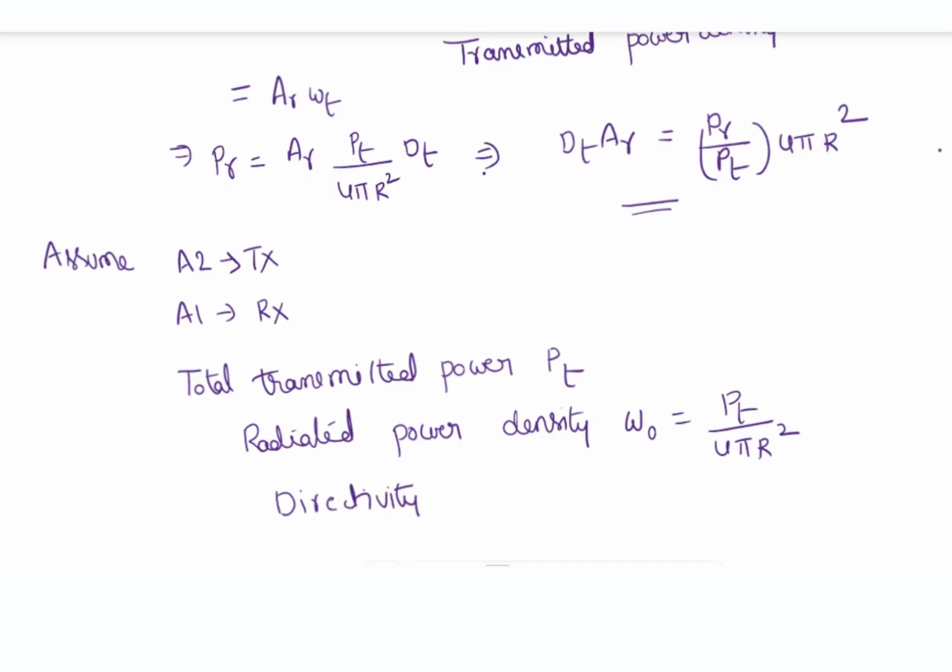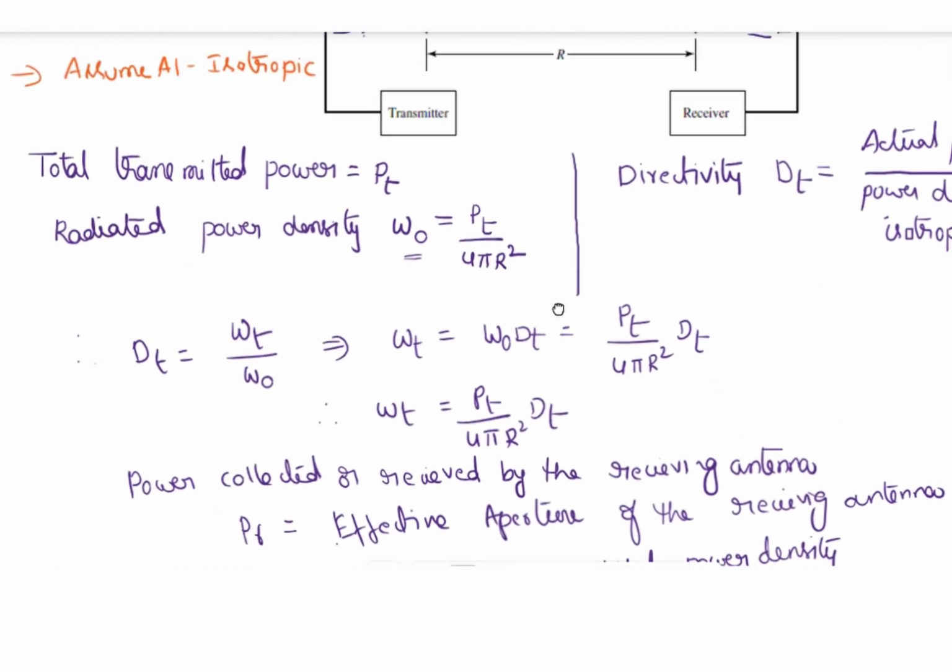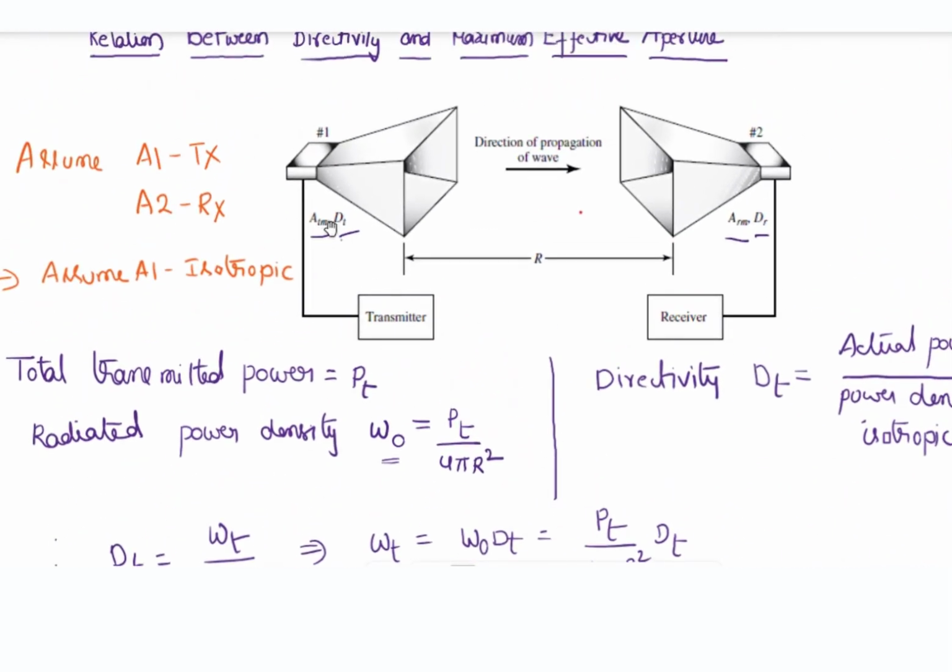Then the directivity. The transmitting antenna directivity. Here the transmitting antenna is antenna 2. Antenna 2 directivity is DR. You should not change these terms: ATM, DT and ARM, DR. We should not change. In one case you must take antenna 1 as transmitting antenna and antenna 2 as receiving antenna.